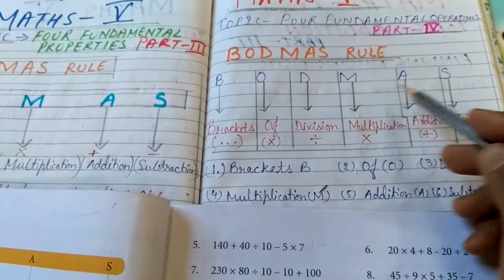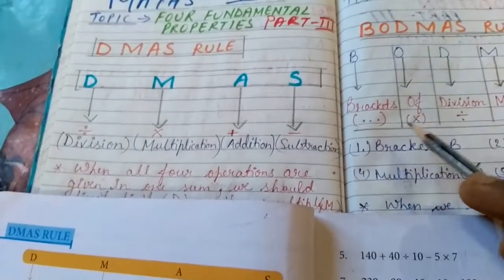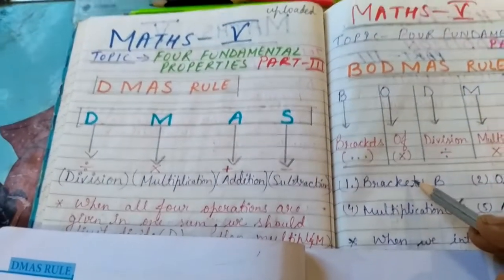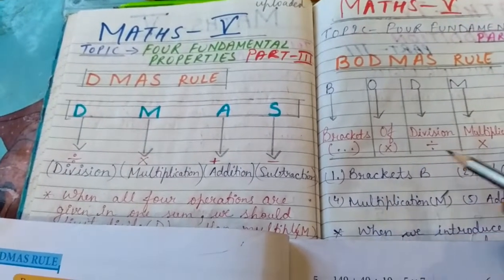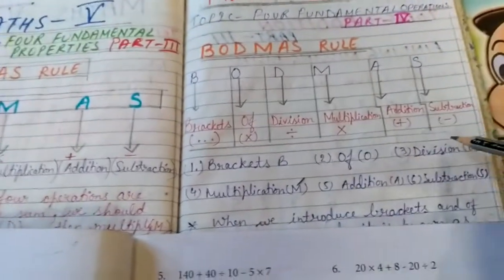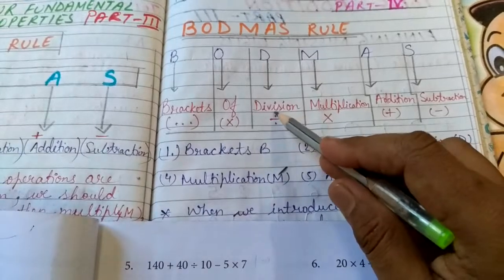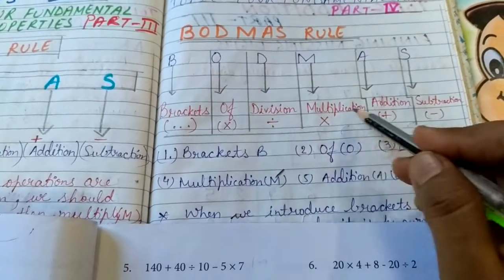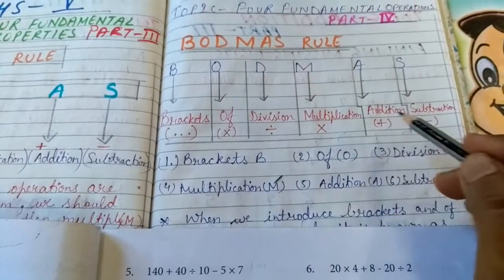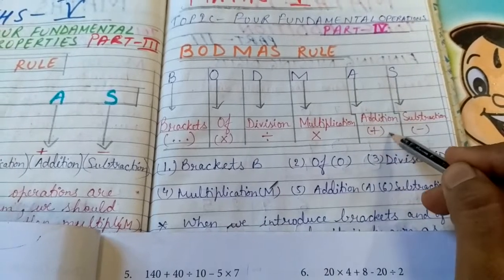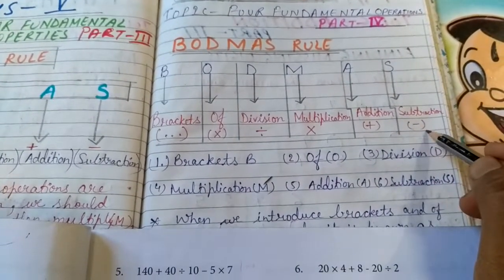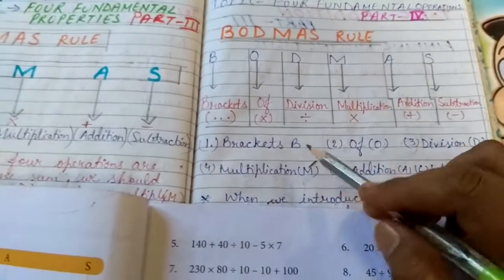Then DMAS remains the same as we have studied: D for division, M for multiplication, A for addition, and S for subtraction. And you know the signs also. Division, multiplication, addition and subtraction each have their own sign.